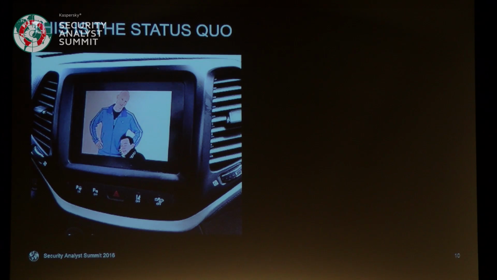The status quo is Charlie and Chris seeing that previous car vendors didn't take research and go fix it quickly, and that other researchers didn't get their work acted on, and feeling like they needed to go public to actually get this fixed. But they also told Chrysler all along what they were doing. They were reporting their vulnerabilities to Chrysler, and Chrysler never gave them any input about "We're working on it. We need a couple more weeks.